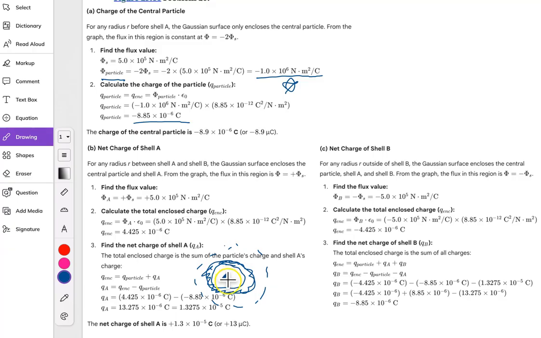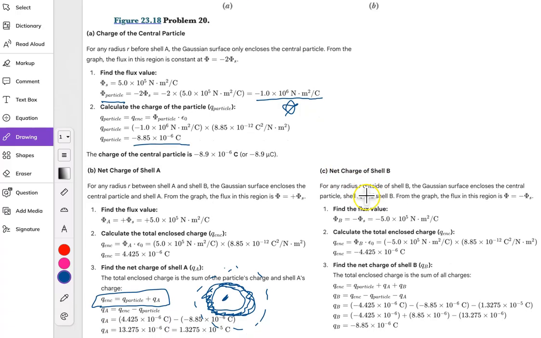So if I know the particle charge and I know the enclosed charge, then I can subtract the two, and that gives me the net charge of just this shell that's filled in. So notice we just took our enclosed charge, which is both the particle and the shell A, and rearranged it for shell A, put our values in, and we end up with this answer.